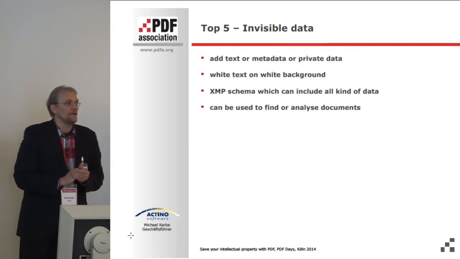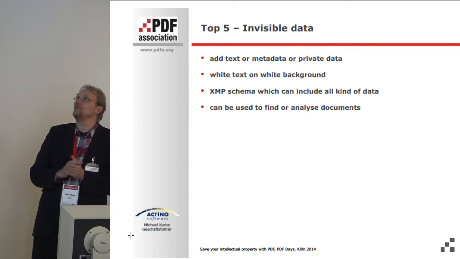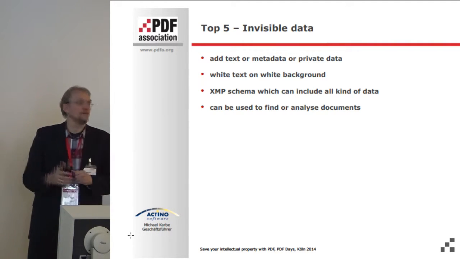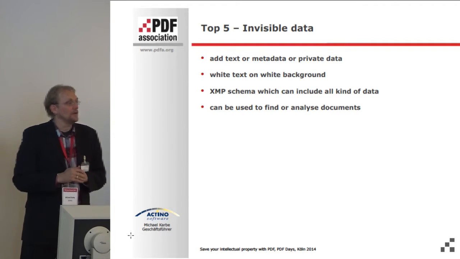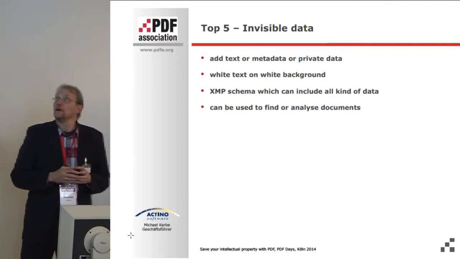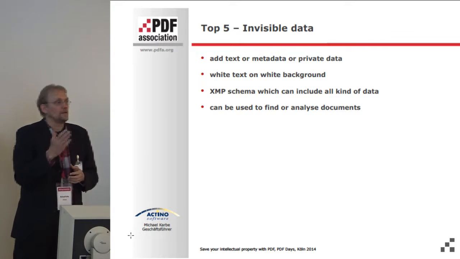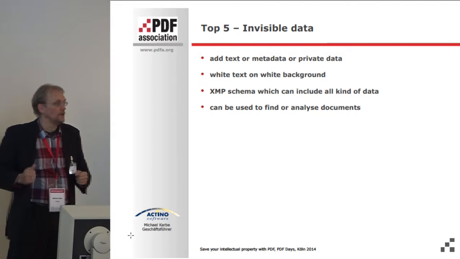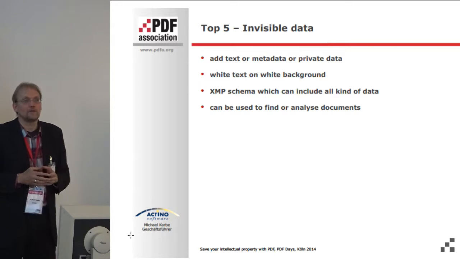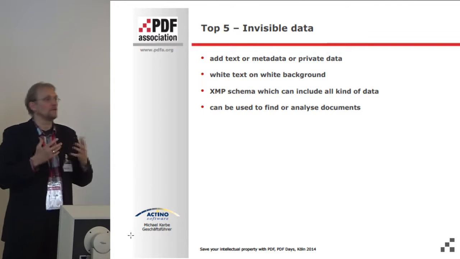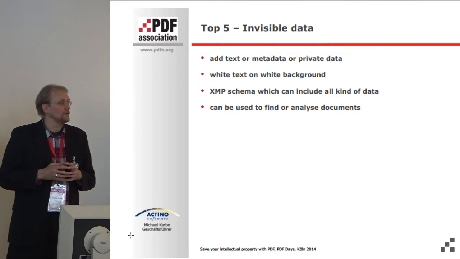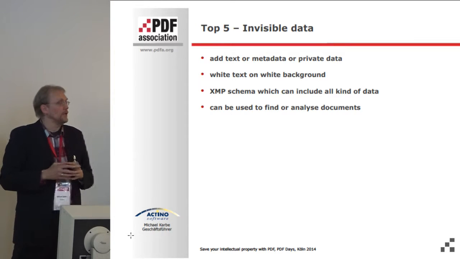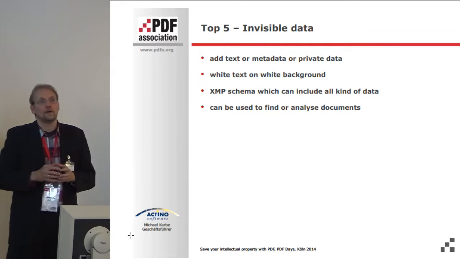Another level of stamping we sometimes see, or I call it invisible data. So you can stamp black text, but you can also stamp white text on a white background. This has the effect that the receiving person does not see that there's some level of additional information in the document.